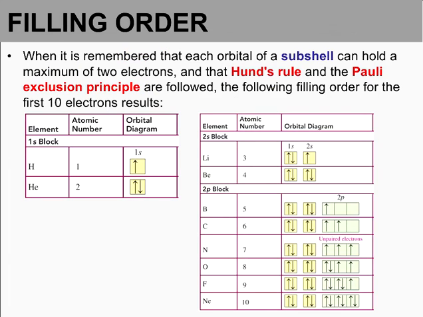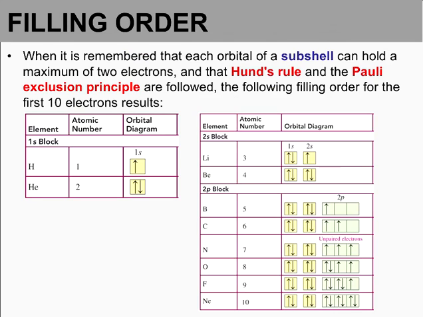All right, so now when it is remembered that each orbital of a subshell can hold a maximum of 2 electrons, and that Hund's rule and the Pauli exclusion principle are followed, the following filling order for the first 10 electrons looks like this. We already talked about hydrogen, helium, and lithium.